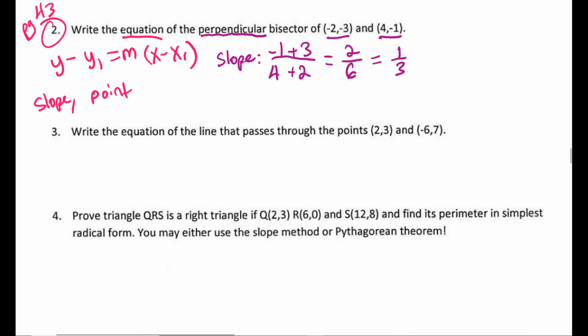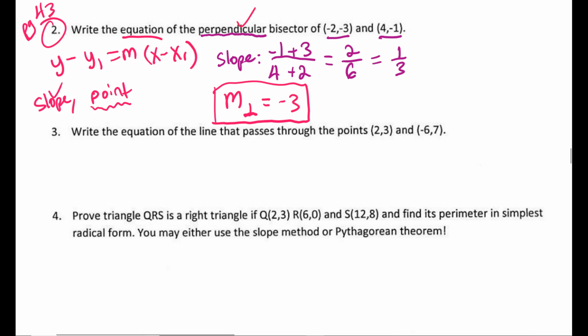So that's the slope of the segment that they give me. But if I want the slope of the line perpendicular to that, I just need to take the negative reciprocal. So the negative reciprocal of 1/3 is just -3. So that's the slope we're going to use when we plug into the equation. So we've got the slope, but now we need to think about what point we could use for point slope form here.